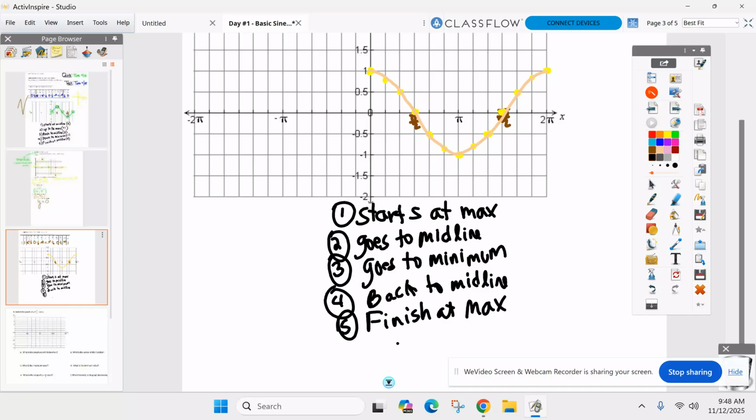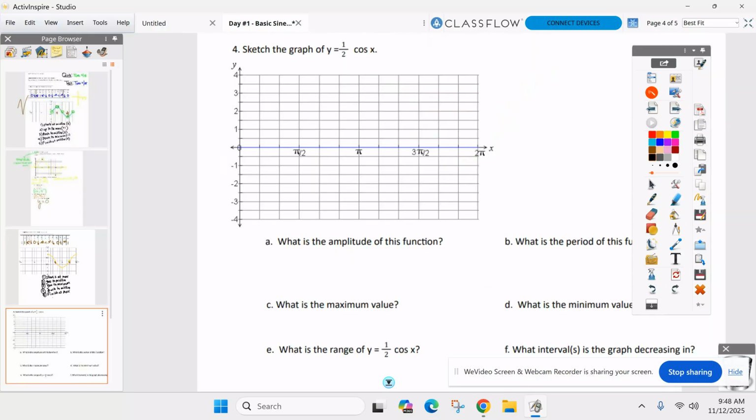Questions? All right, a little different version now. Everyone see the 1/2 out in front? It's the same thing as sine. What's that telling me? Instead of the min and max being 1, now the min and the max is 1/2. So let's graph it first.